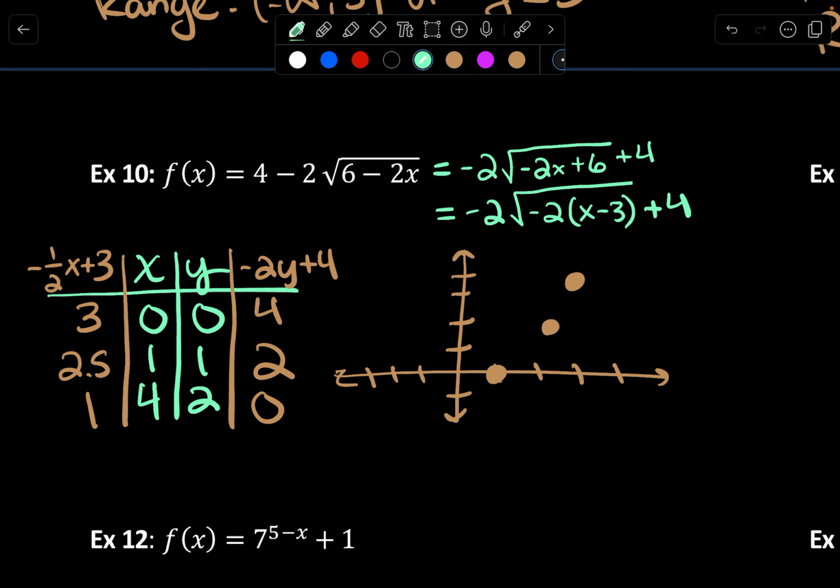All right, so there might be some confusion on, okay, do we go this way? Do we go this way? If you think about the parent function, it starts at the origin and then it grows in the positive direction, okay? We have two reflections being applied to this. This first reflection is going to reflect the y values, so now it's going to be going this way.